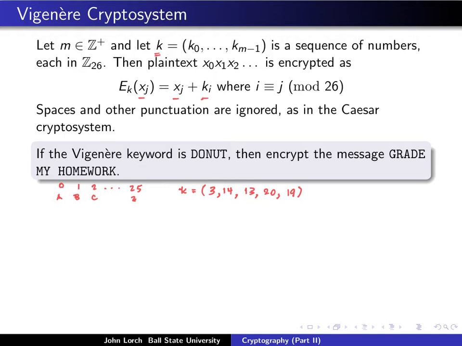Now to use this to encrypt the message, grade my homework, let's first write out the plain text. So we have grade, my, homework.